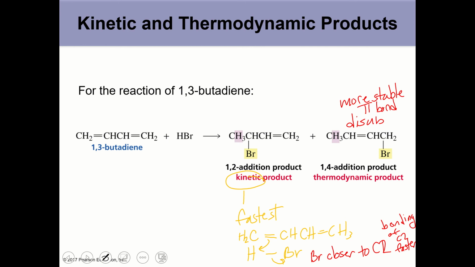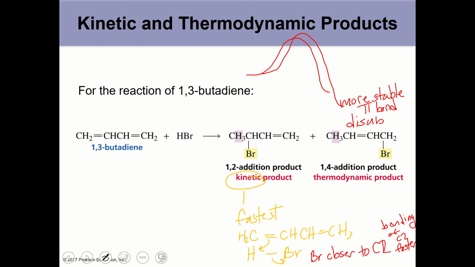So because they both have reactants that are equal in energy, when you draw the reaction graph, the 1,2 final product will be higher energy, and the 1,4 product will be lower energy.